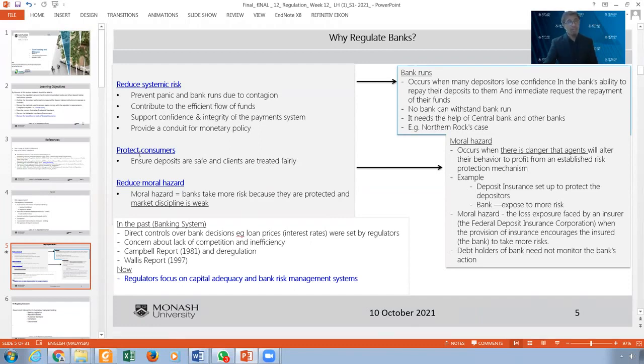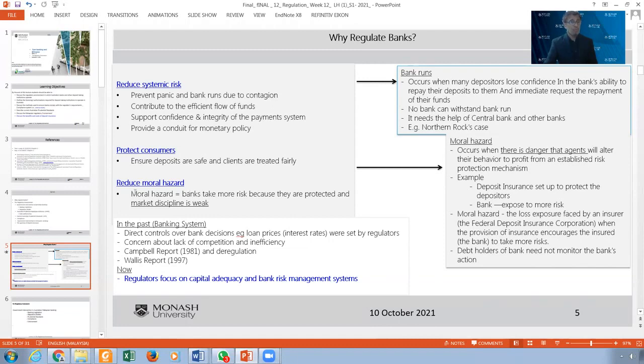In this country, we have some regulations to protect the customers, like the depositors and the investors, and also ensure that deposits are safe and clients are treated fairly.